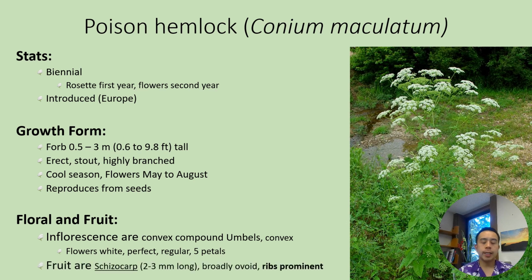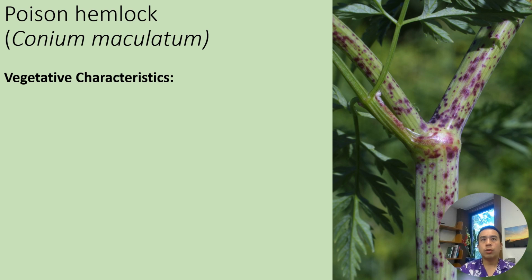And the fruits are schizocarps, which again, if you forget, is a dry fruit that splits into single-seeded parts when ripe. And those are broadly ovoid, and they have prominent ribbing along those fruits. So Conium maculatum, or poison hemlock, vegetatively speaking, its leaves are alternate and pinnately compound.